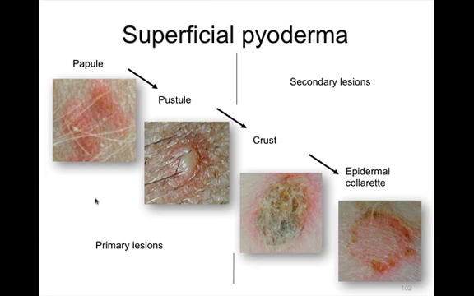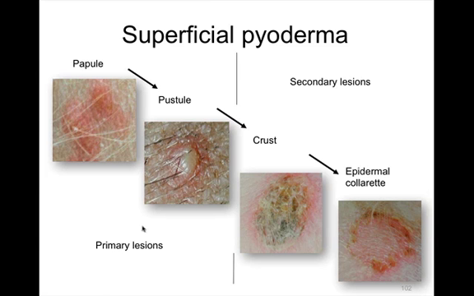foot plate, just a mark of the... help me out here. The foot plate of the crust, really, which is called an epidermal collarette. So that scaly ring here is just the foot plate of the crust that has fallen off.